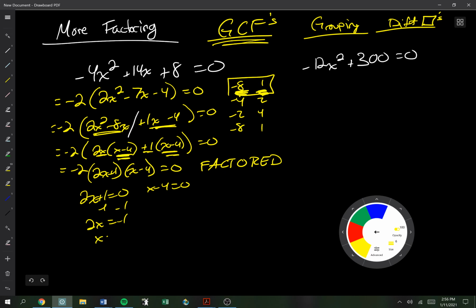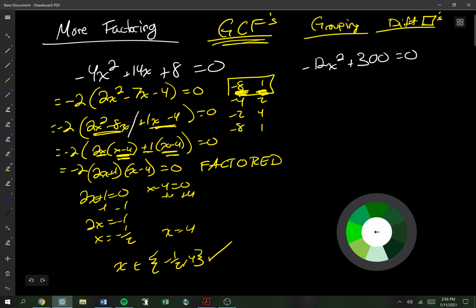Solve, and solve. We would have x equals negative 1/2 and x equals 4. So my solutions would be the set negative 1/2 and 4. That is factoring and solving by factoring out a GCF first. You should always look to see if there's a greatest common factor, because it can make the factoring a lot easier.